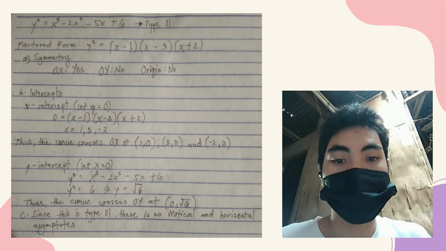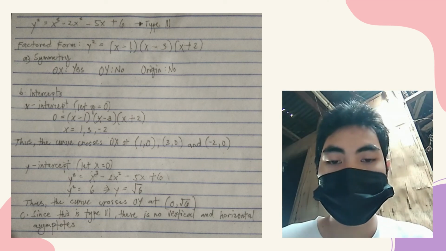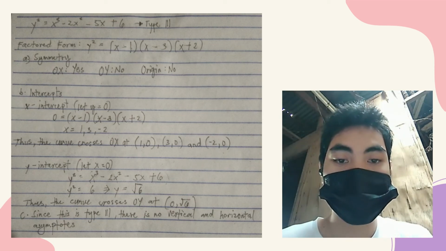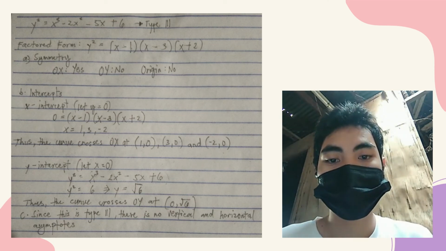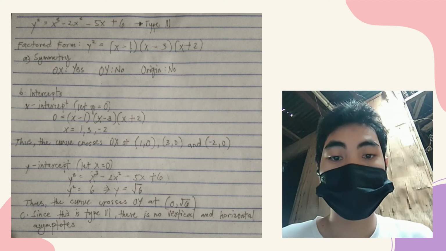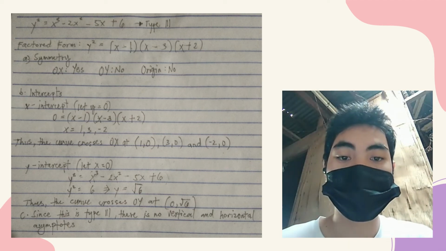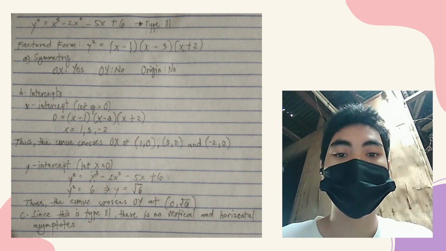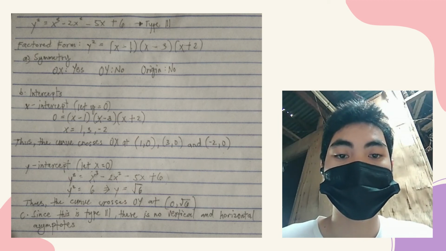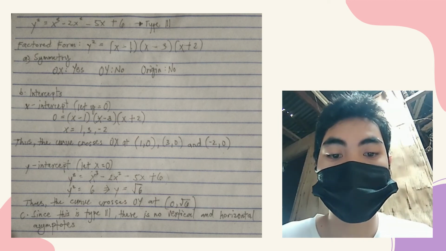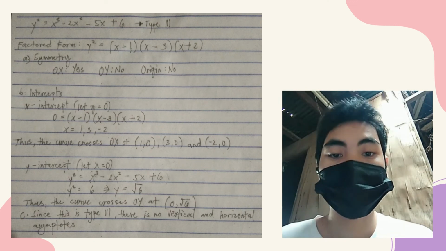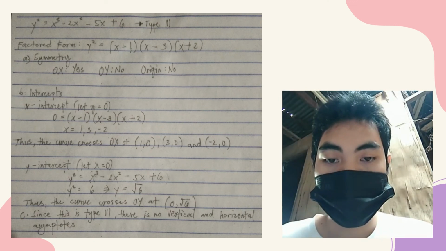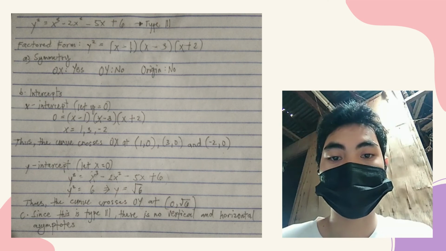And to get the y-intercept, we will substitute x to 0. So, y squared is equal to the quantity of 0 minus 1 times the quantity of 0 minus 3 times the quantity of 0 plus 2. And if you simplify this, it will become y squared is equal to 6.